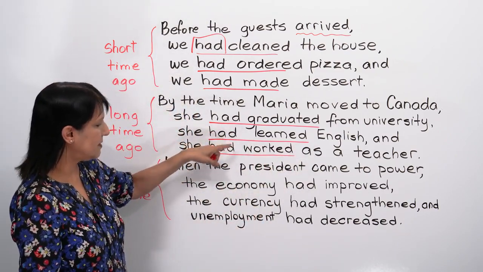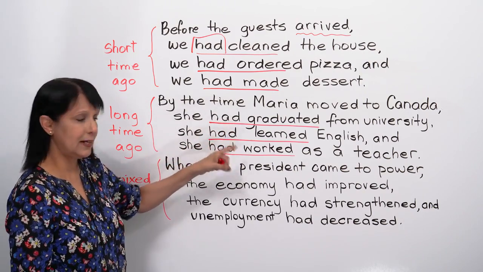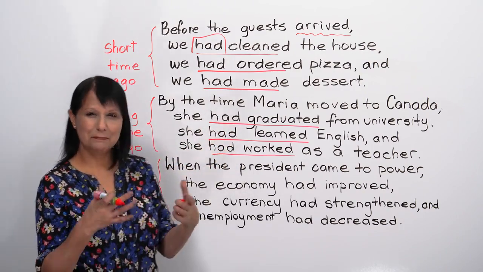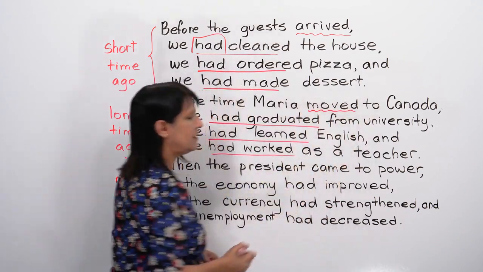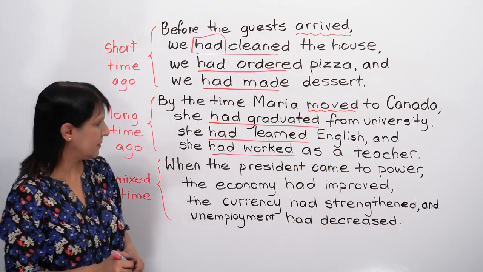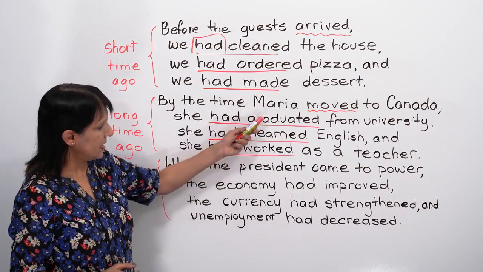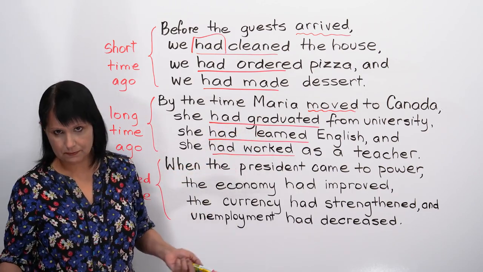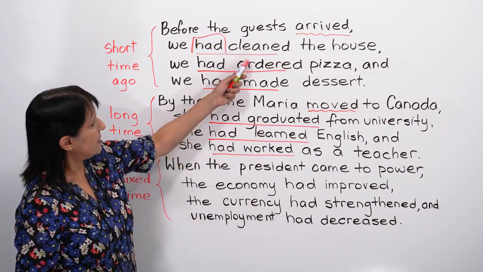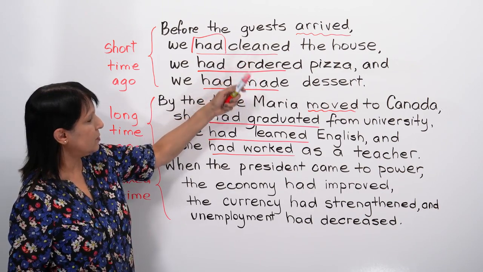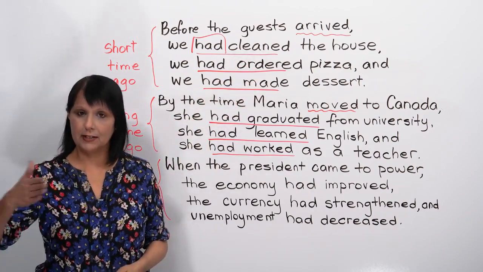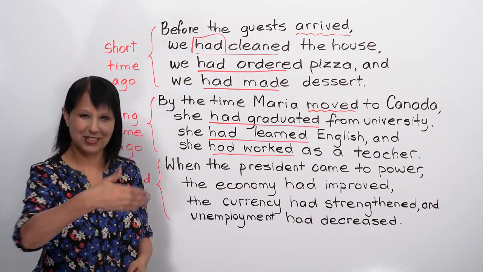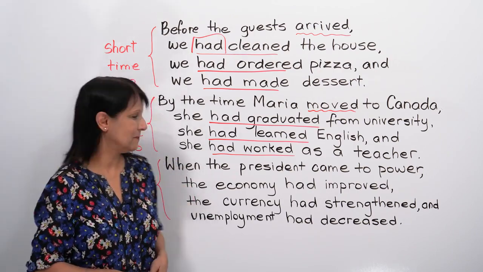So again, this part with had graduated, had learned, had worked is the past perfect tense. And this part is the past simple. That's okay. Now, in this case, we had 3 regular verbs. All right? In this case, this was regular, cleaned is regular, ordered is regular, but made was irregular. So we had to use that third form, which we're going to look at a little bit more later.